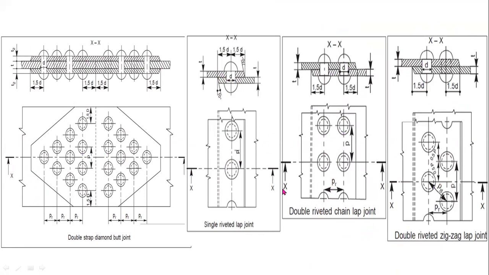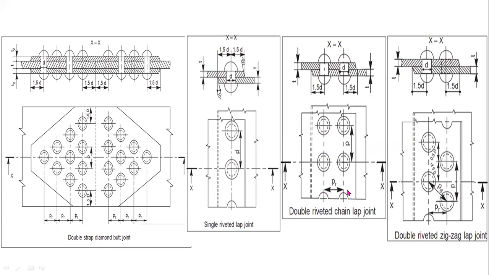Here in this diagram you can observe the distance between this rivet to this rivet is pitch, and the distance between these two rows is known as row pitch or back pitch.